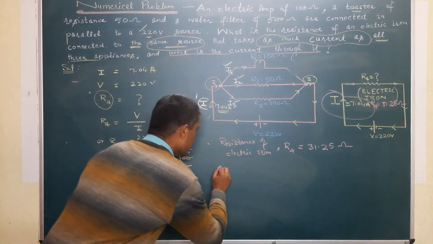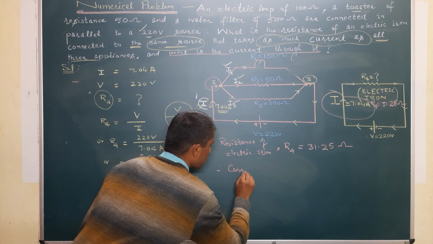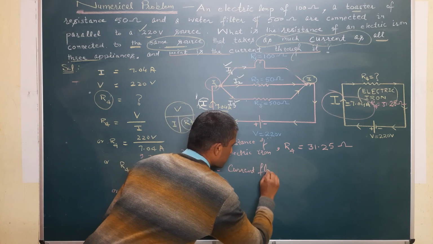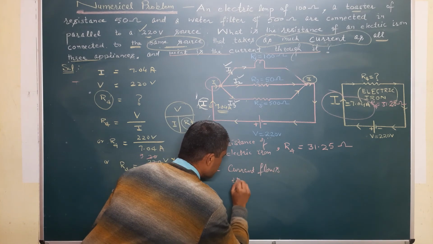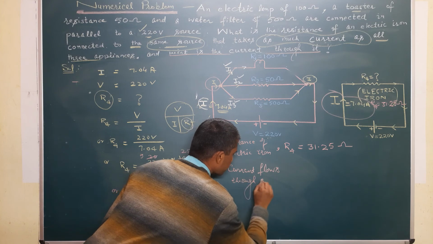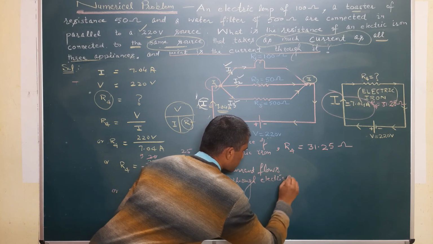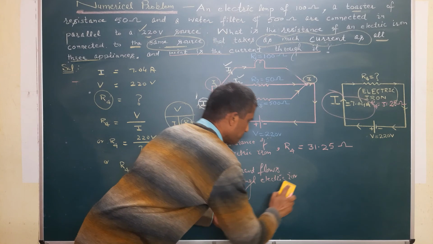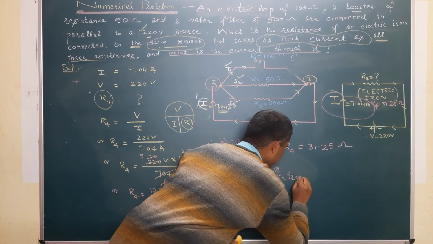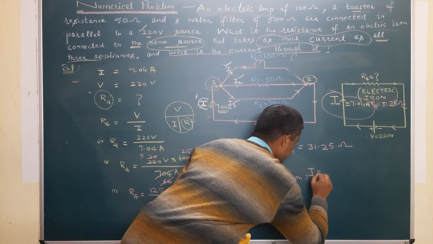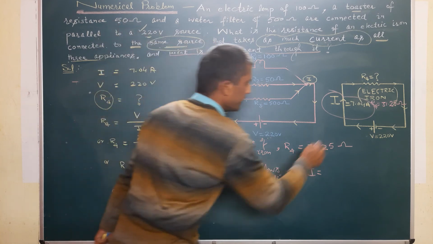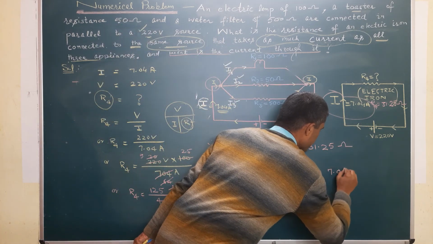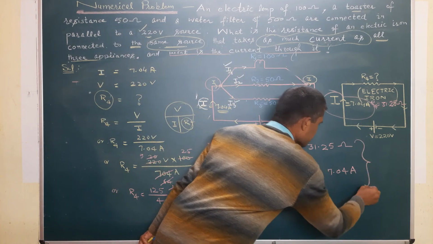Therefore the current that flows through the electric iron is the total current I, and it is 7.04 ampere.